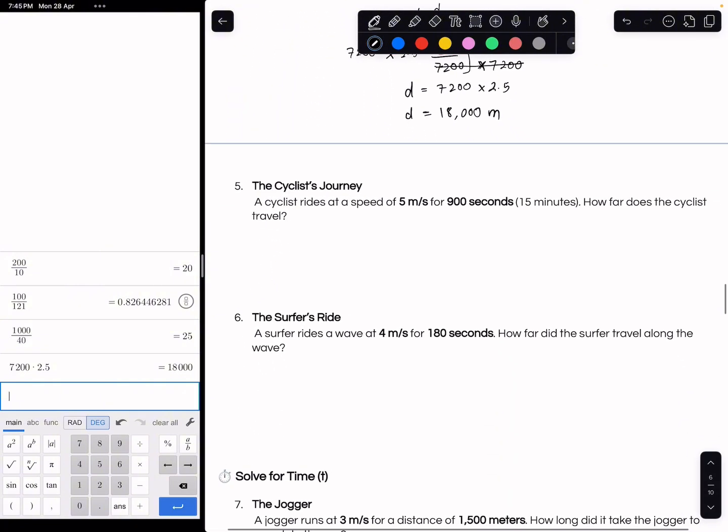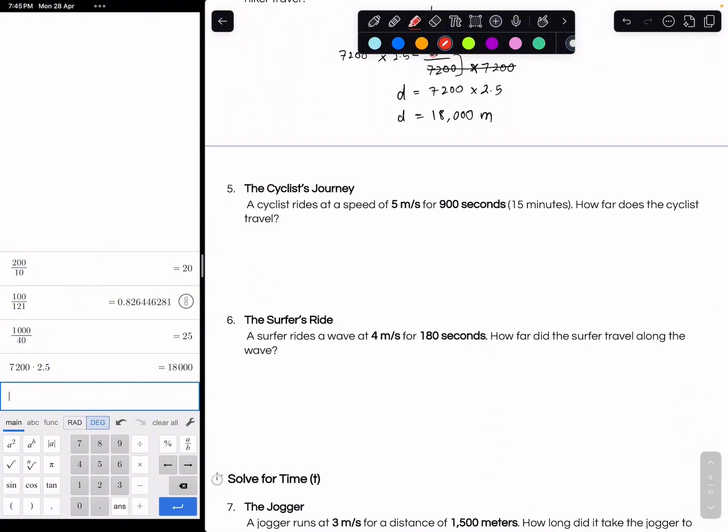Let's do another one. A cyclist rides at a speed of 5 meters per second for 900 seconds. How far does the cyclist travel? Okay, let's annotate what we have.